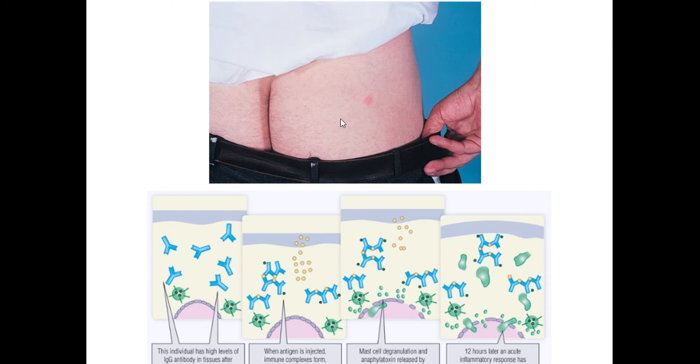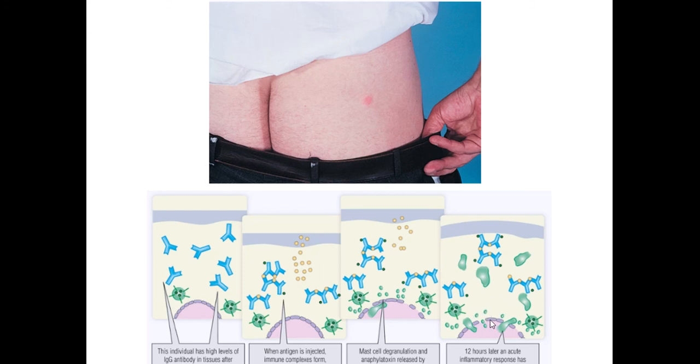So this is what I was talking about when the patient who is sensitized takes an injection, and the localized immune complexes will develop in the area showing the inflammation. And then we will explain how these antibodies are going to develop, and then complement will be activated, and as a result, localized inflammation will take place.